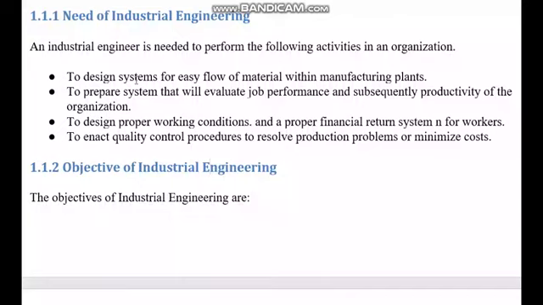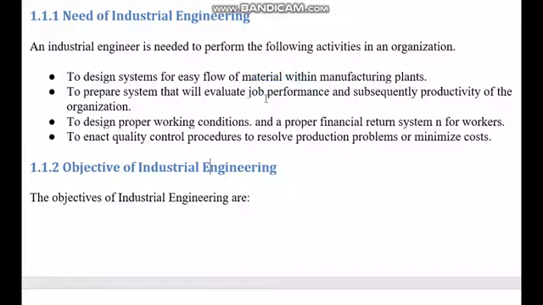That is one of the activities. Another activity can be to prepare systems that will evaluate job performance and subsequently the productivity of the organization. Job performance of a worker you can evaluate.